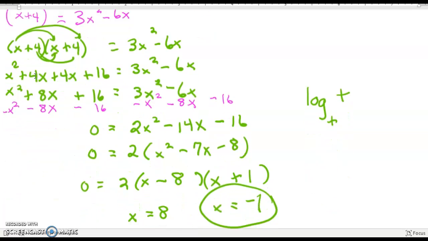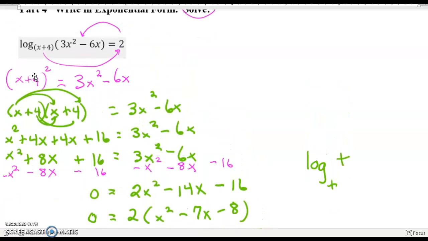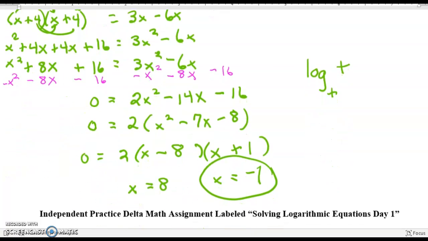If I plug in -1, that would give me 3 in the base, and this part of it would be negative. Oh, no, it wouldn't. No, that would be positive. No, we'd be fine. I think these are both going to be fine. I know 8 will be fine.